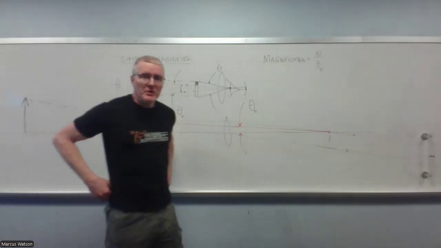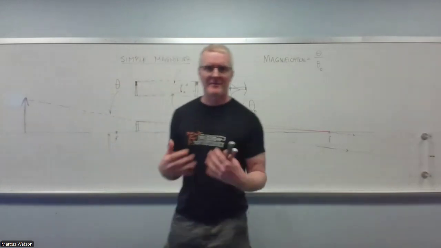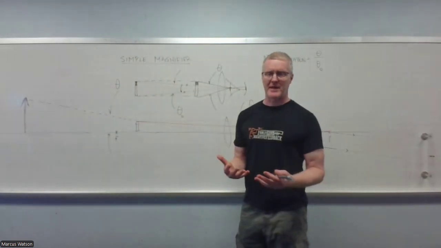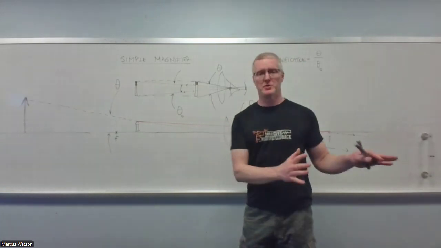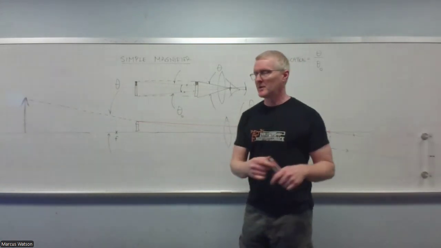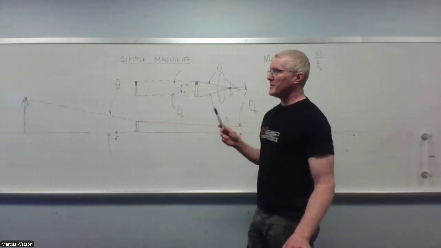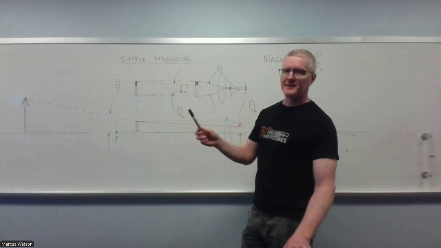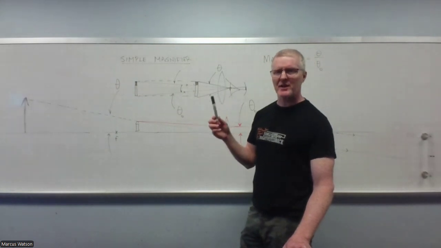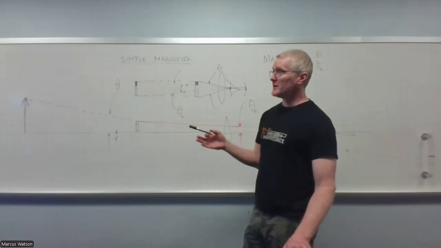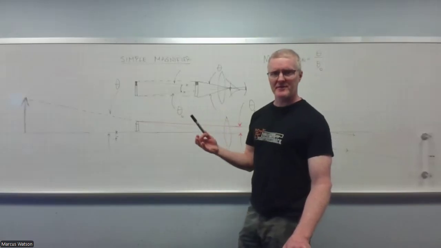Now, the reason we use angles is because our lateral magnification fails us a little bit. When I say lateral magnification, I mean the magnification that we're used to, which is negative q over p. Why does it fail us? Because a relaxed eye, if you're not squinting and not trying to see something, if you're just looking, can see objects that are infinitely far away.